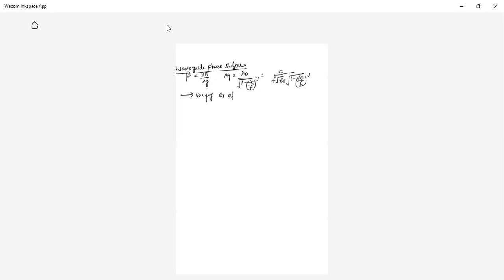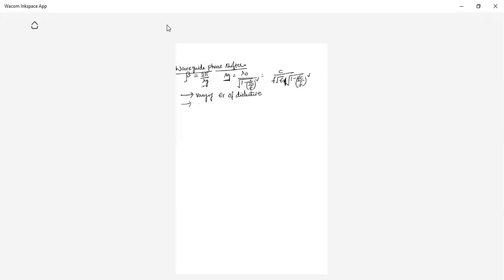slab, because this dielectric constant is varying. Obviously, it is going to affect lambda g. If lambda g is varying, beta also varies. So the phase shift depends upon the dielectric constant of the dielectric.